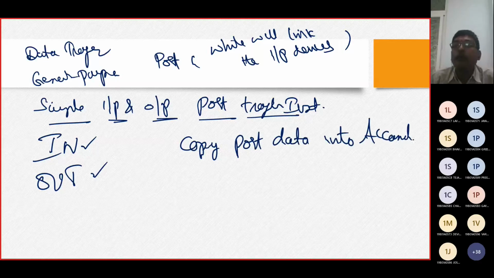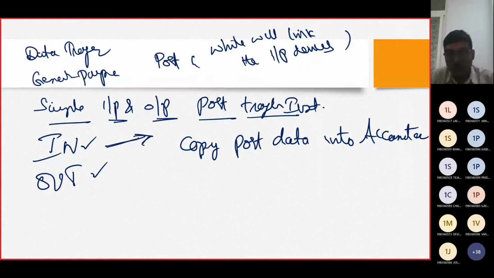So at this point we can say: copy port data into the accumulator. I have some input port, and from this input port I want to move to the accumulator, since it is the internal purpose of the CPU. Next, we have the output port.